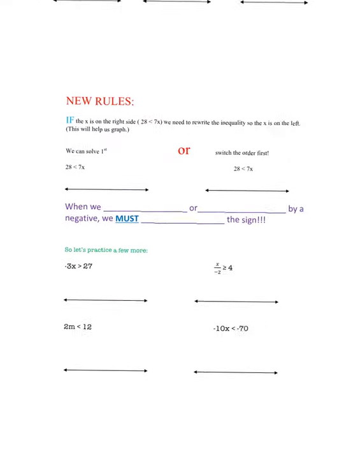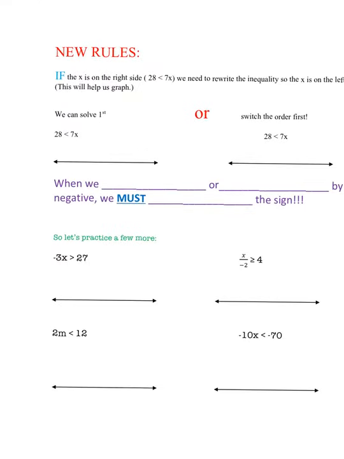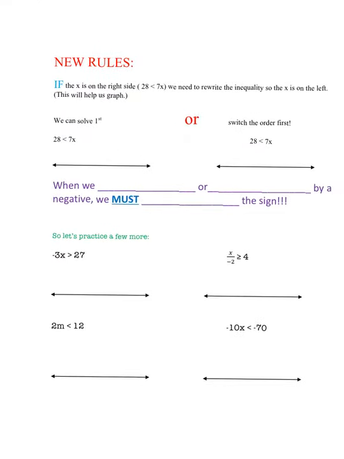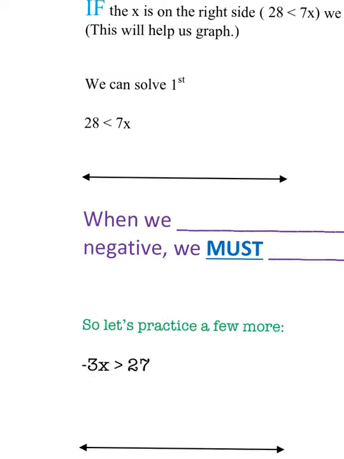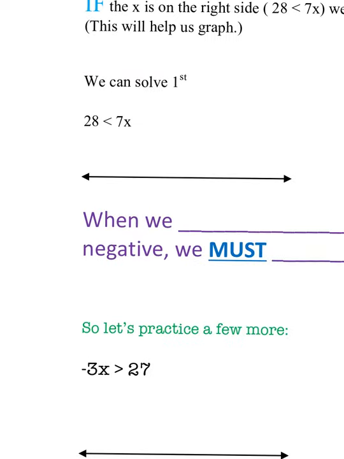But I want to look really quickly at the new rule about multiplying and dividing. So when we multiply and divide, and this is what we just talked about above, notice here that the x is on the right. I want to switch my x, and by switch my x, I mean this whole thing over there.